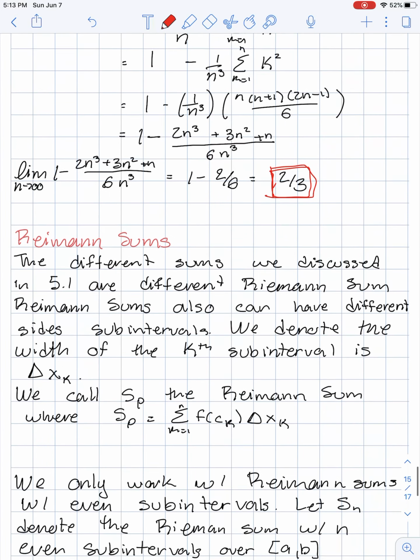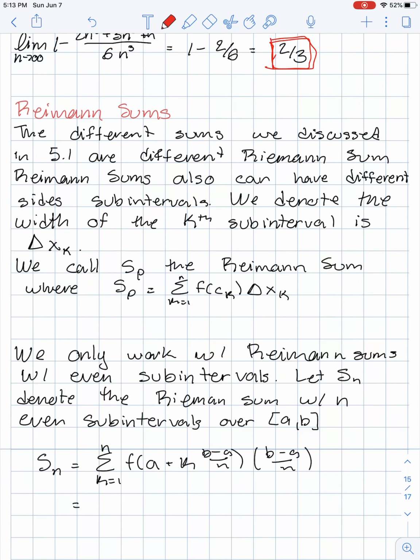All right? So then we're going to briefly just talk about Riemann sums. We've kind of already been doing Riemann sums. That's what these rectangles are. Basically, all the different sums that we've discussed in 5.1 are Riemann sums, so like upper, lower, left, right, midpoint.